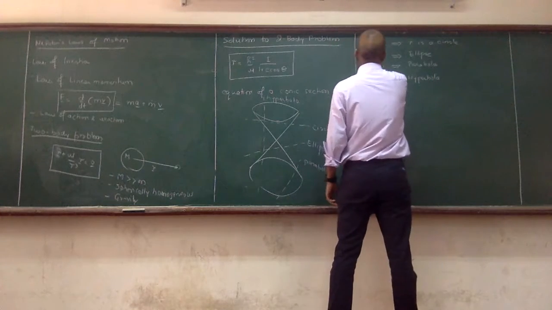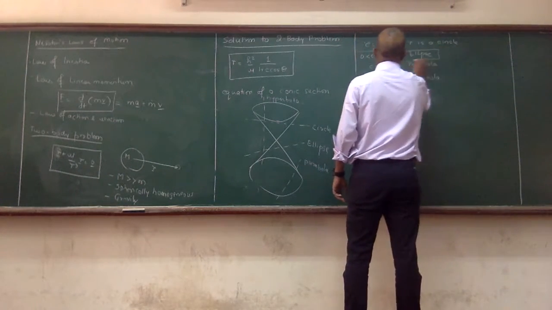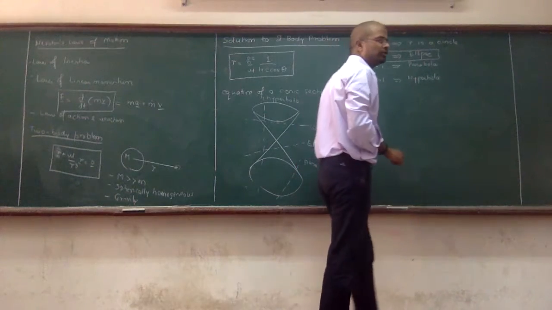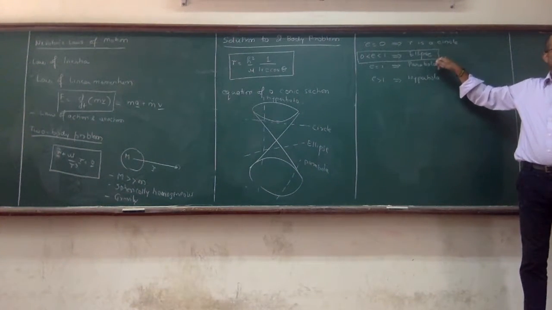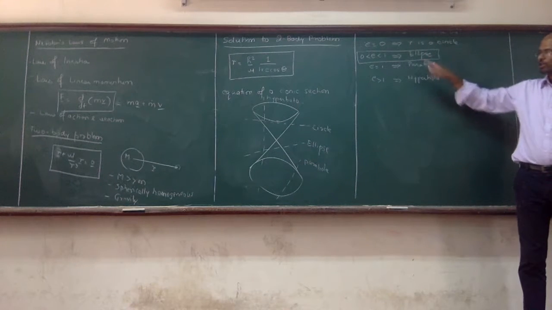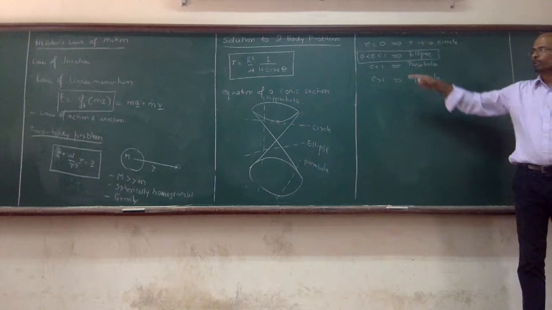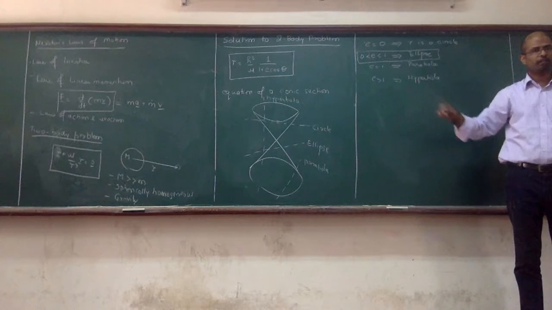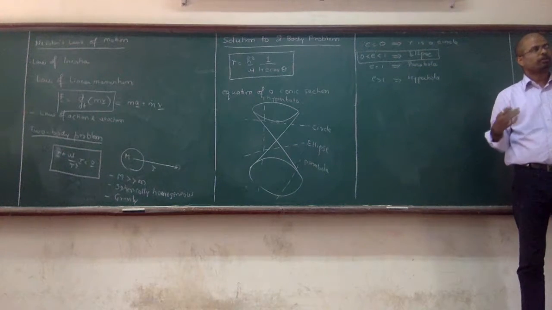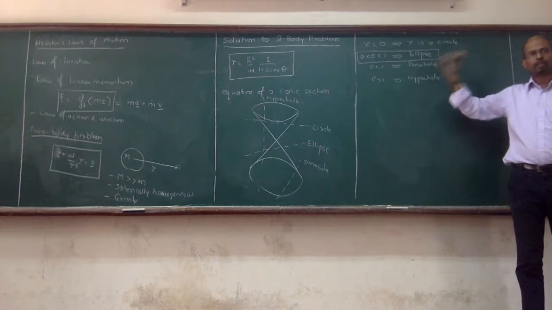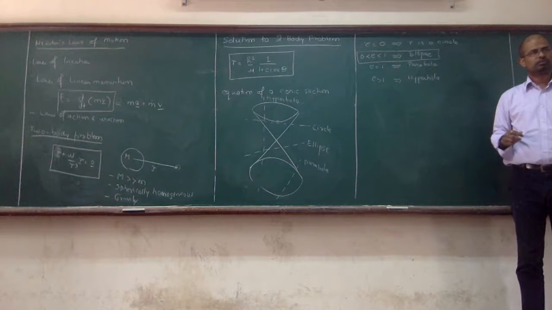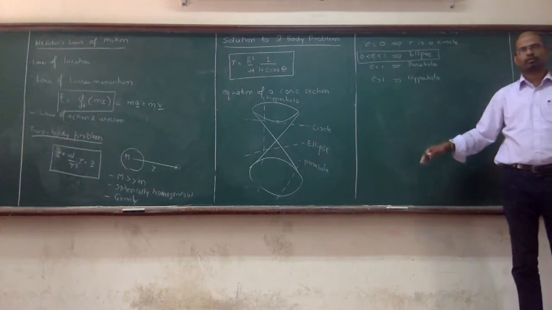So this is Kepler's first law. Mathematically, what we have done is started at Newton's law and arrived at Kepler's law. So even if Kepler did not make those measurements, you could prove that what Kepler stated was right. Just by starting with Newton's law, you can arrive at it.